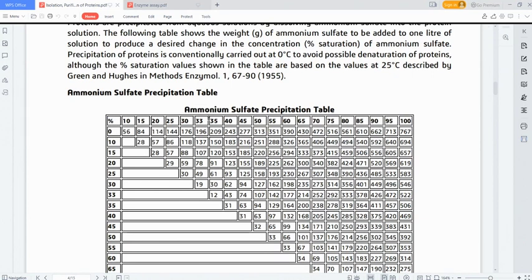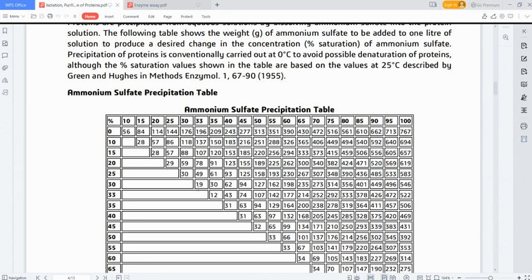In other words, what am I saying? To get 10%, now when you look at the horizontal line, the horizontal line that is bold, where you have 10, it didn't start from 0, it started from 10, 15, 20, and so on. Those ones are the percentages of the ammonium sulfate you want to carry out.